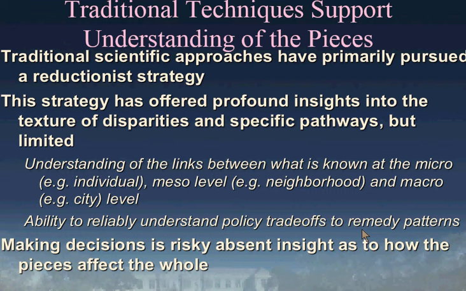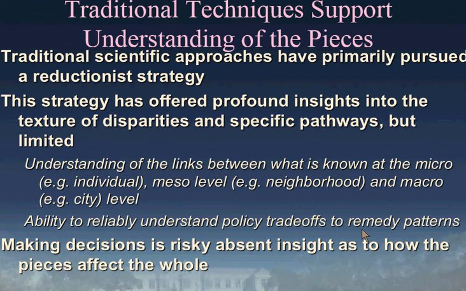But these techniques are traditionally focused on understanding of the pieces. They predominantly employed a strategy which takes a system apart, examines, and parcels out the risk into a set of different risk factors or a set of very specific causal pathways, a set of very specific biologic mechanisms.